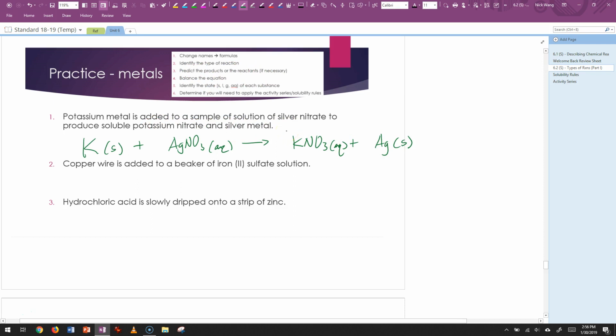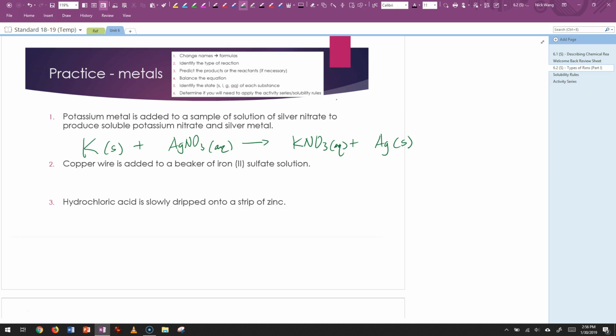We wanted to balance the equation, and we did that already. And then we also have to identify the state of matter of each substance, which we did also, not necessarily in that order, but based on the language we're given. Finally, there's this little line about determining if you need to apply the activity series or the solubility rules. That's something we haven't really addressed here. The activity series especially we'll get to later on. But that's effectively how this works.